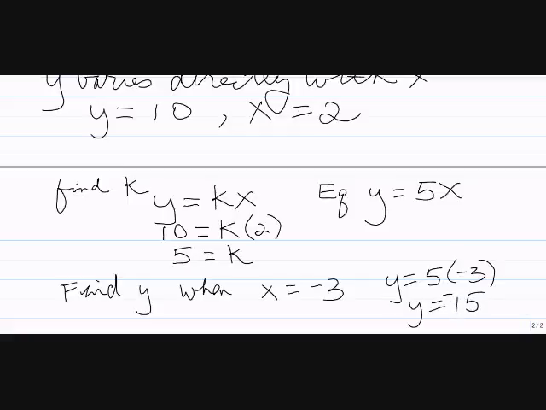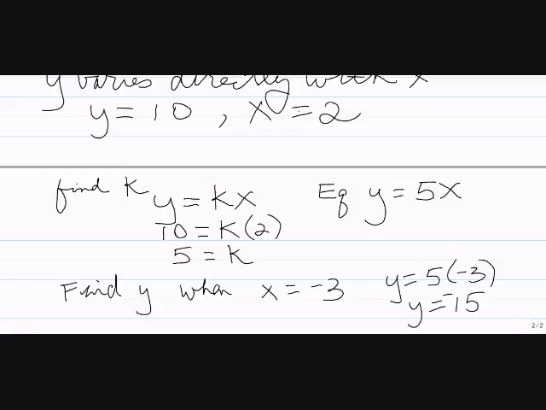Okay, so that's the simplistic part. Now we'll do inverse variation. That's direct variation: y equals k times x.